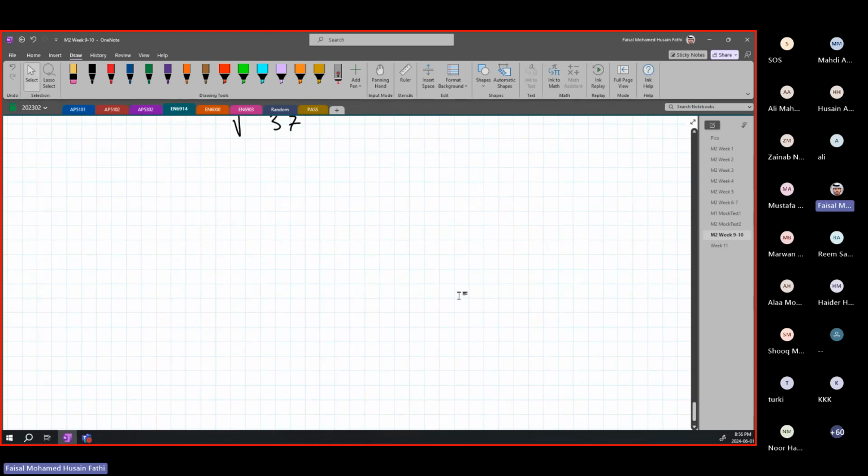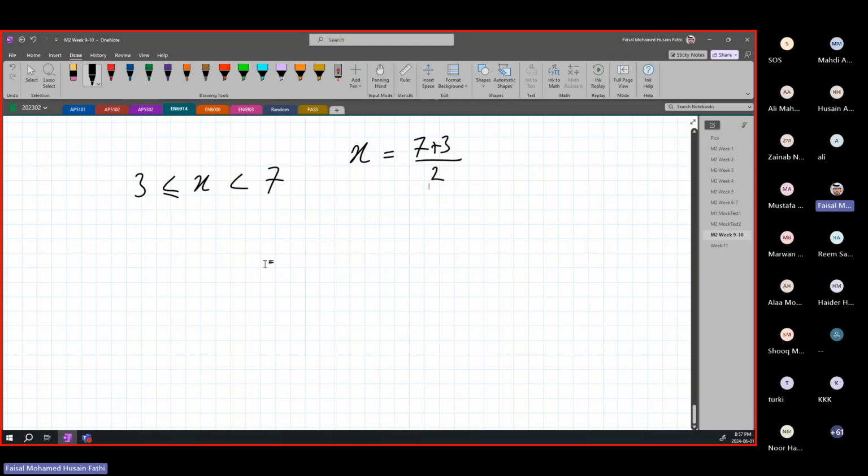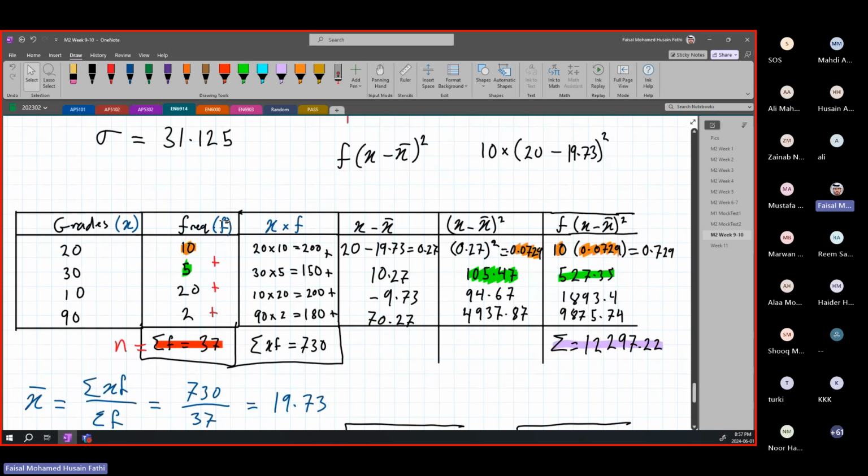If you want us to talk about range data, just for a minute, I will talk about it. So if you have, for example, a range, like let's say 3 less than or equal to x less than 7, all you're going to have to do here is your new x value is going to be equal to 7 plus 3 divided by 2, and then you're going to be applying all the same steps that we did before.